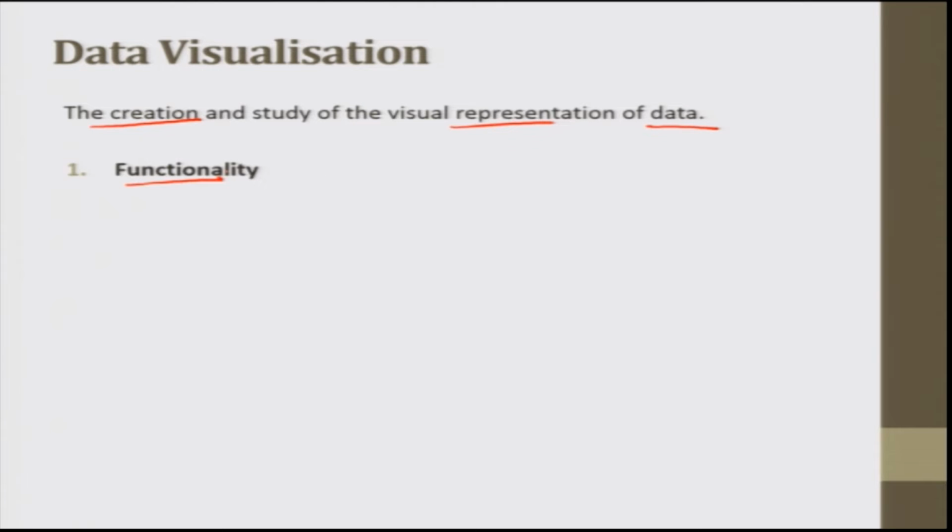Number one is functionality. There is some function that data is trying to accomplish. With the data we need to see the true value, or the values are random values which we have observed. We need to find the average which should be close to the true value. If we are having different samples and we need to find the averages of all this, we need to see the variance.